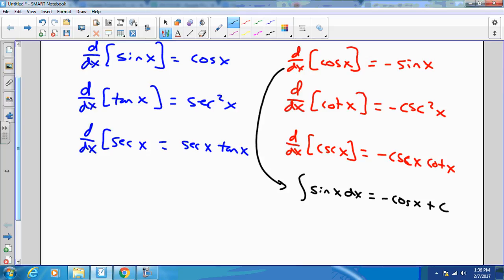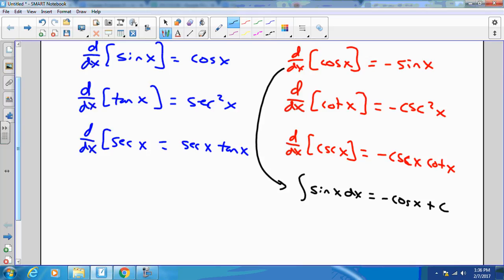Notice how I handle the negative sign here. Because the scenario is most common to have the antiderivative of sine x by itself, I wrapped the constant negative 1 into the antiderivative, so that when I take a derivative, I get a double negative to give me sine x back.